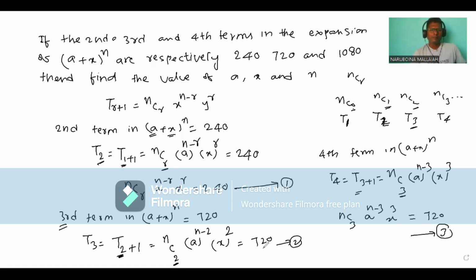So after writing these three equations, you have to divide the second equation by the first equation and the third equation by the second equation. Let me clear this. Now we have to divide the second equation by the first equation.